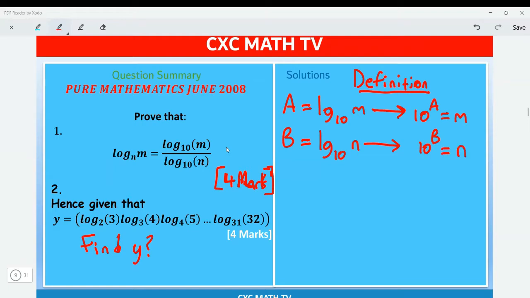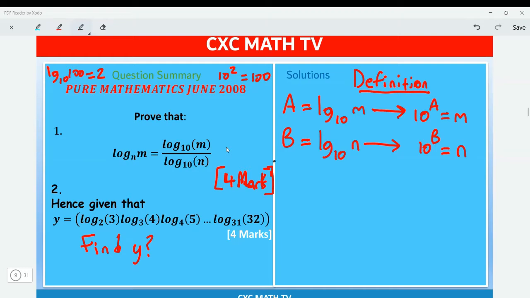No problem, that's the definition of logarithm. Just remember, if you had something like log base 10 of 100, that would be equal to 2. And the reason is because 10 squared is equal to 100. That's just applying the definition.